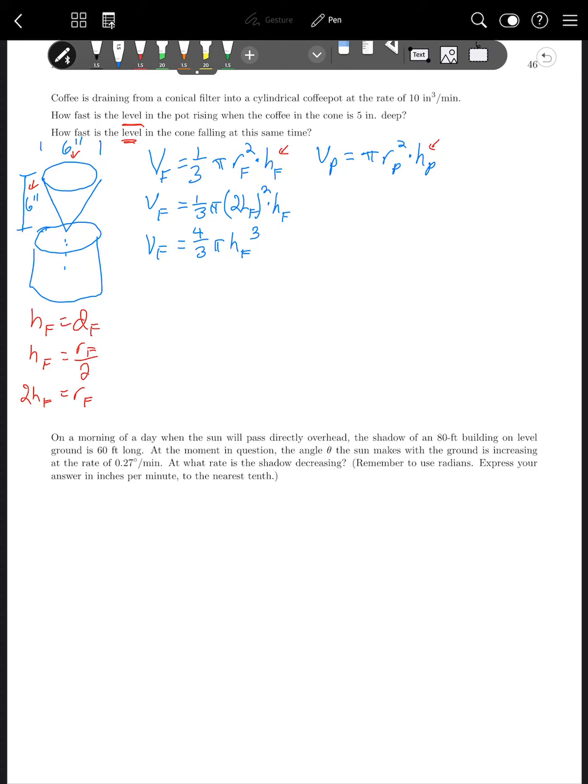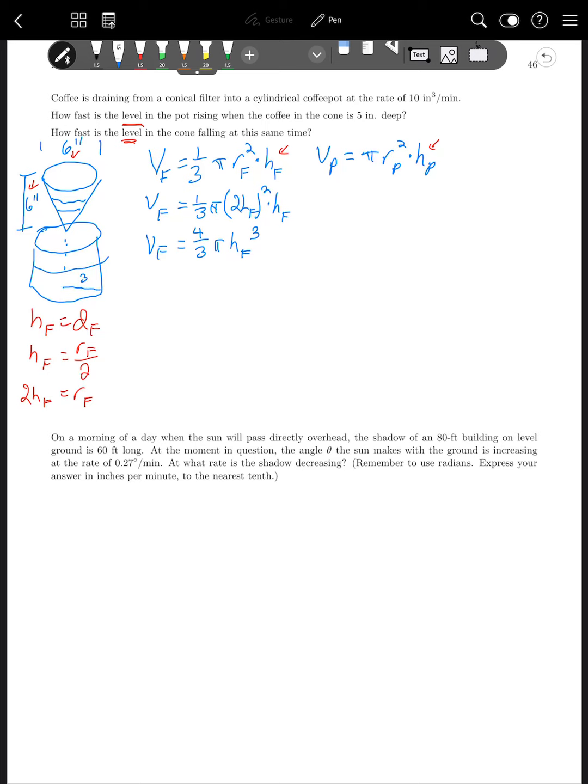The other thing we know is the pot has a diameter of 3, and unlike the filter, where the radius gets smaller as the level goes down, here the radius is always going to be 3. While the height of the pot is changing, the radius is not, because it's a cylinder.